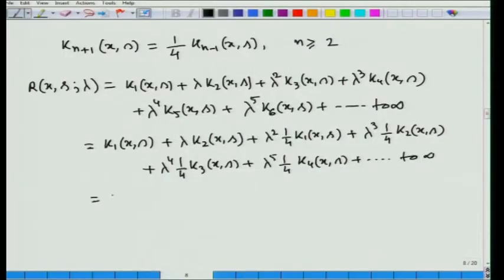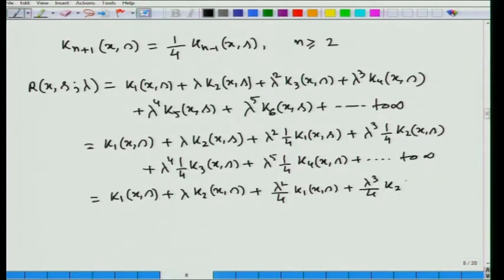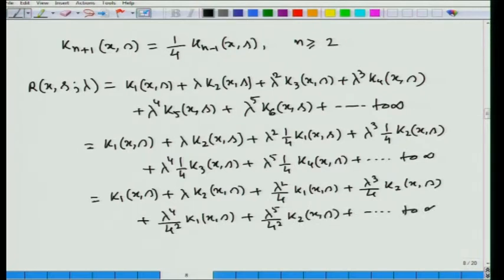we can write this is equal to k1(x, s) plus lambda k2(x, s) plus lambda square by 4 k1(x, s) plus lambda cube by 4 k2(x, s) plus lambda to the power 4 by 4 square k1(x, s) plus lambda to the power 5 by 4 square k2(x, s) plus dot dot up to infinity.